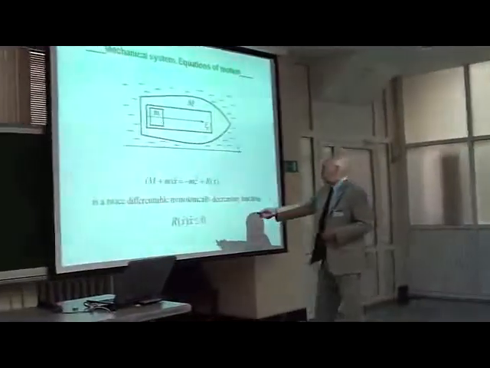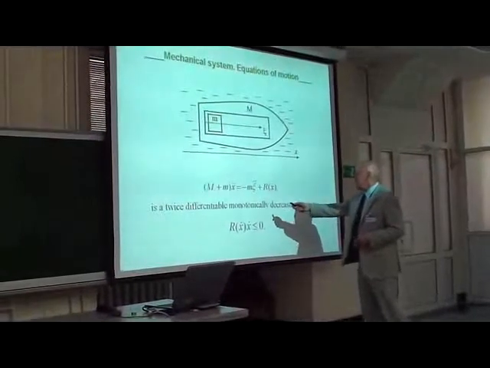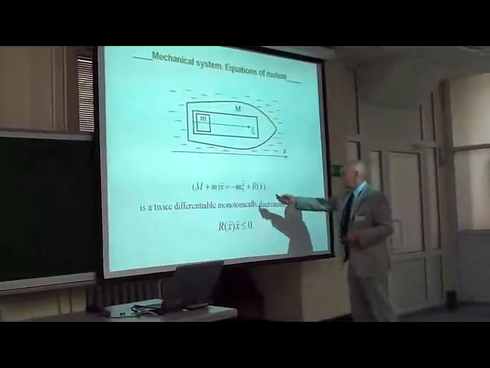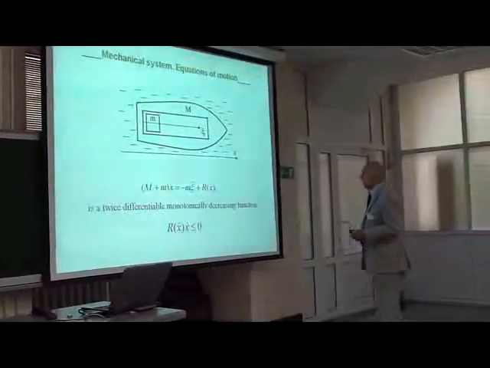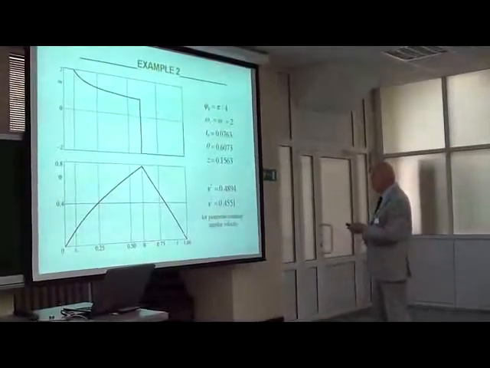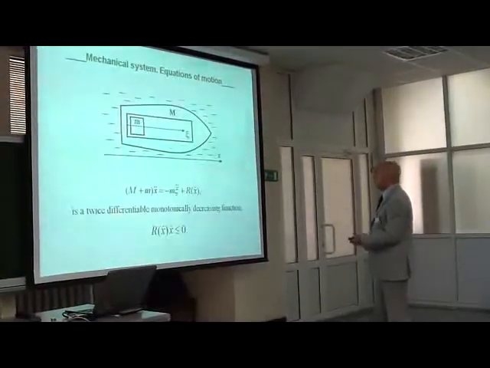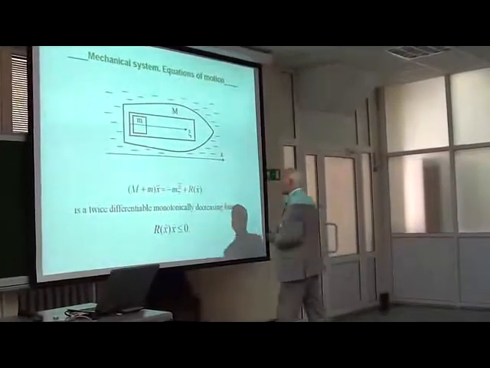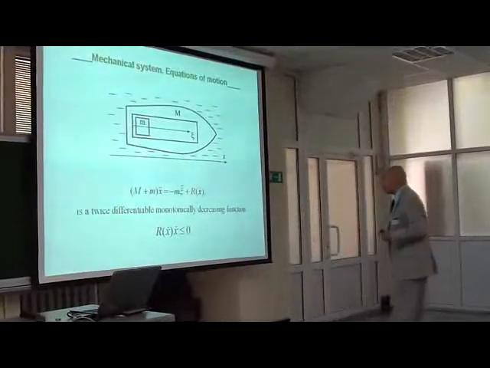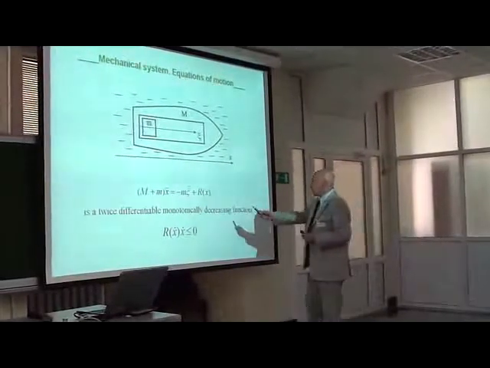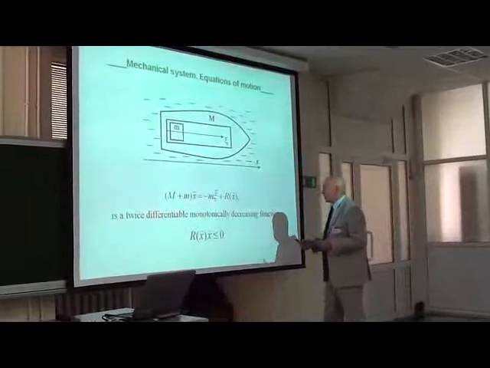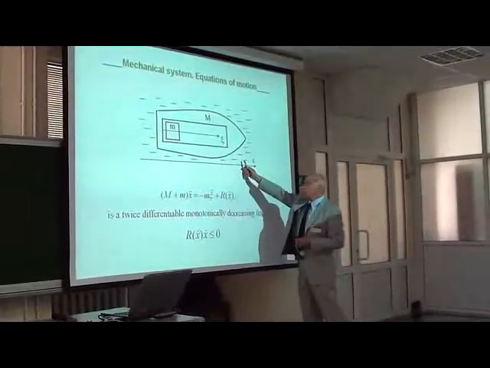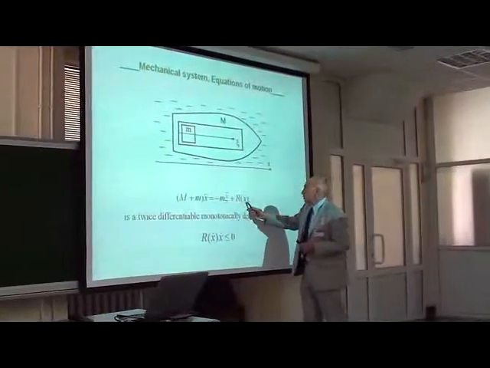Equation of motion is shown here. This is acceleration, x double dot is acceleration, relative acceleration of the internal mass with respect to the main body. And this is the resistance force, which depends on the velocity of the main body, which is given by x.